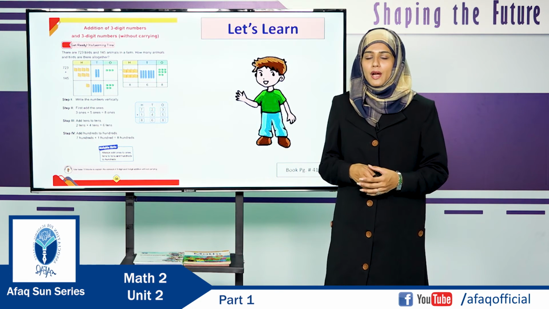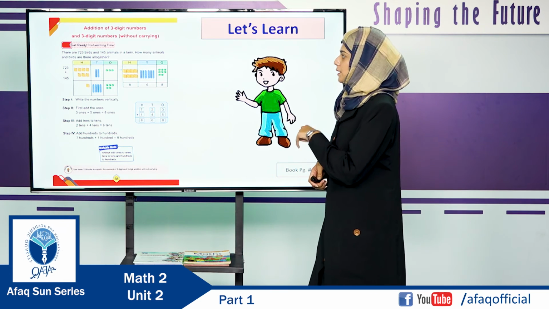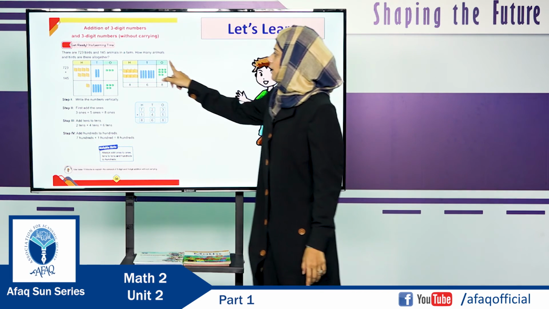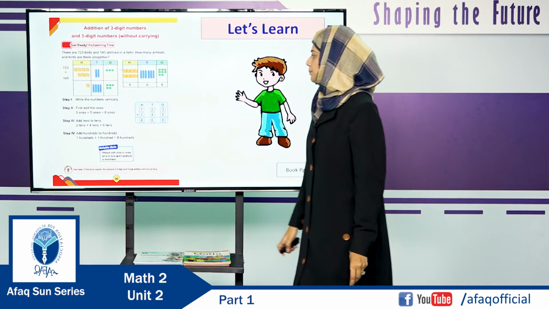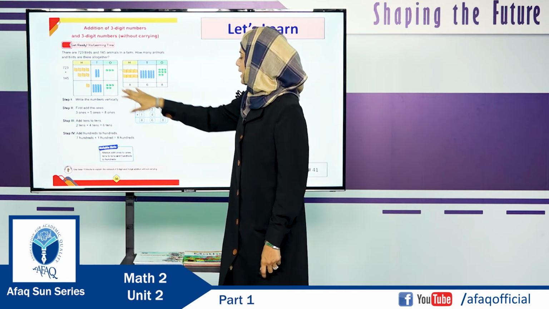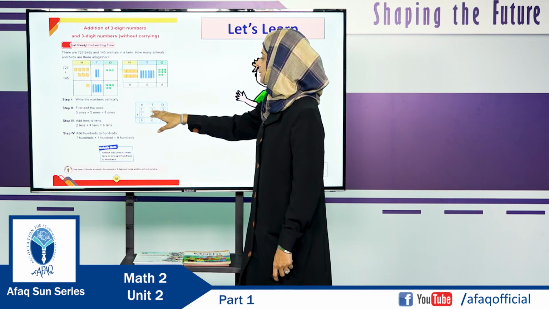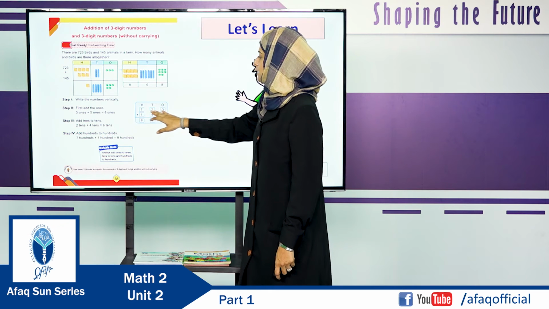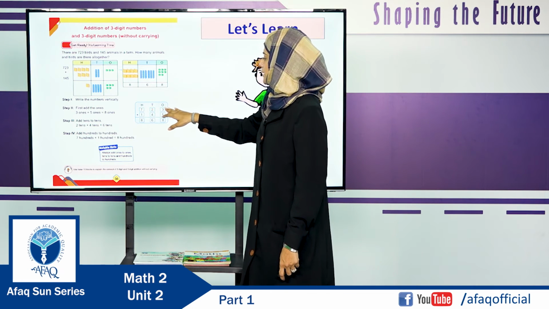Now we have to add the birds and animals and find the result of how many they are all together in the farm. So, write the information here. First write the number of birds, which is 723, then write 145 under the 723.